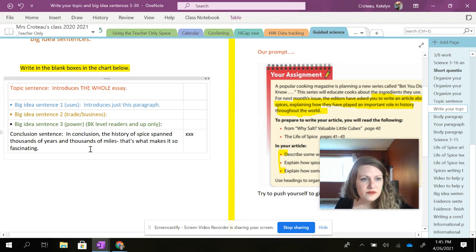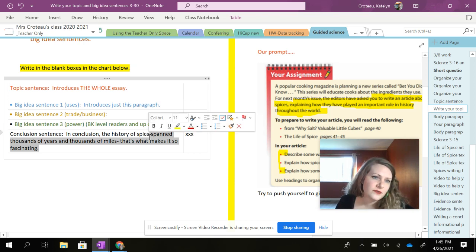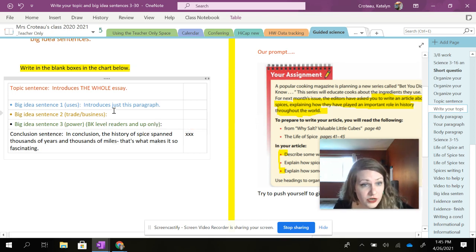But if you don't want to get too tricky with it like I just did, you can get simpler and just say there were many things about the history of spice, like trade and business or uses. Or in conclusion, this paper was talking about trade and business and uses of spice. Because remember, I said you could include your two kind of big ideas. Some of you had three big ideas.